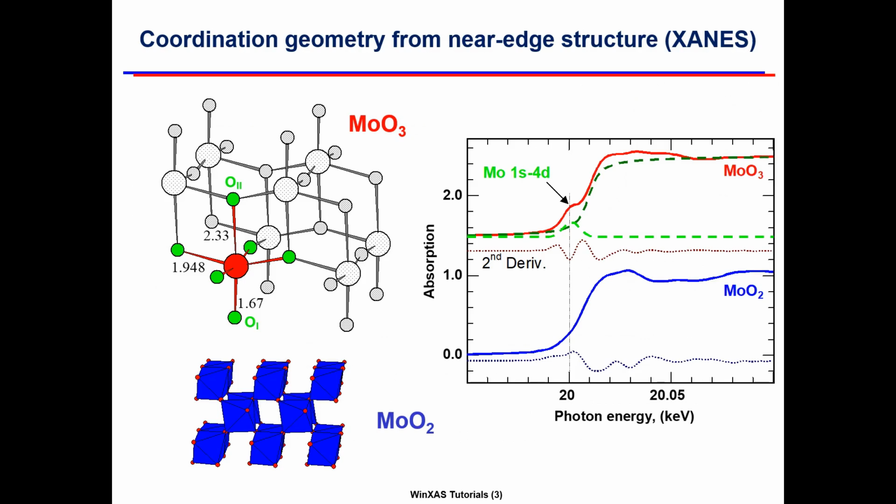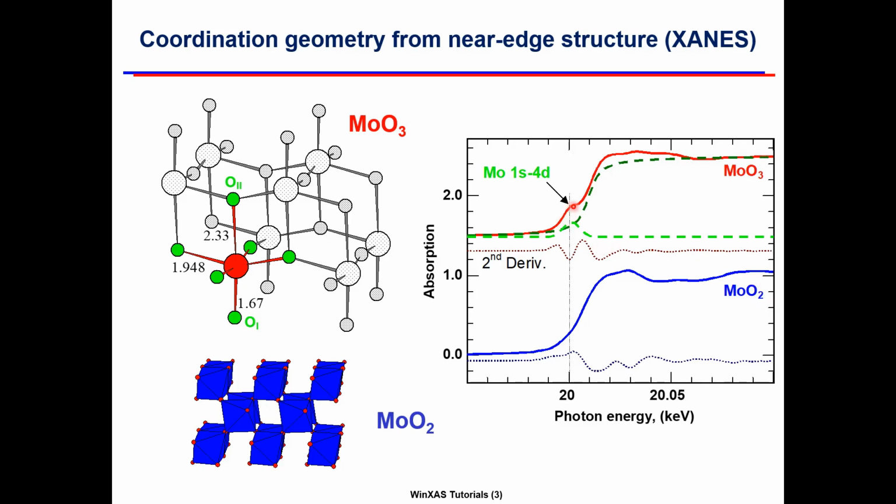The coordination geometry of the first shell can sometimes be deduced from characteristic pre-edge features. Shown here are the XANES spectra of molybdenum trioxide and molybdenum dioxide.